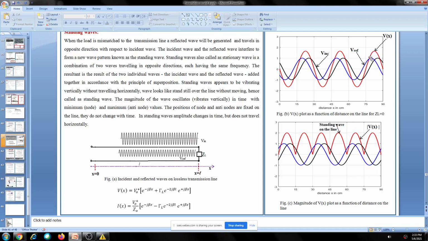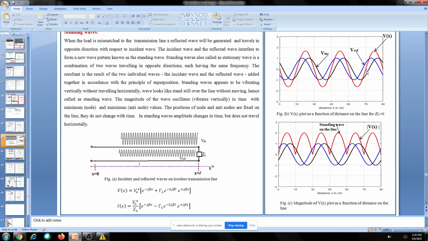Whenever the two waves are opposite in nature, see for example at this position, the reflected wave and incident wave are in the same phase. They are added together and we will be getting the maximum. But now at this position, this is leading and this is lagging by the same amount.